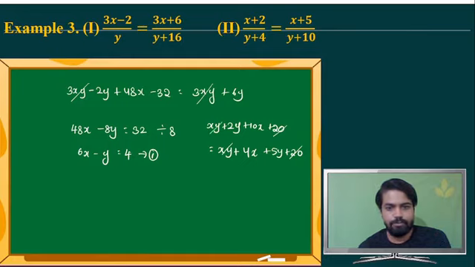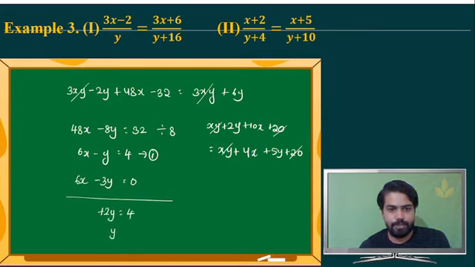So it's going to be 10x minus 4x is 6x, and 2y minus 5y will become minus 3y, that is equal to 0. So when I solve this, I just have to add them or subtract them. When I subtract them, I get 2y is equal to 4. So y is equal to 2.